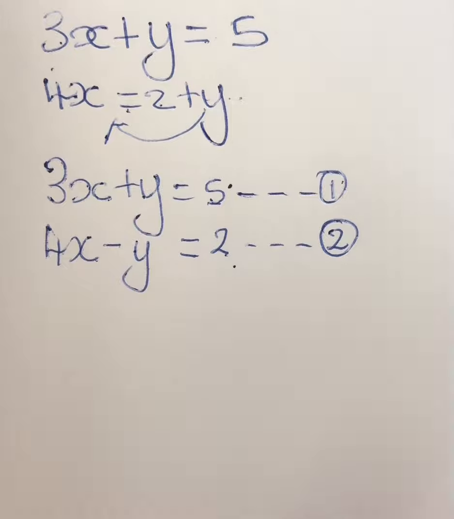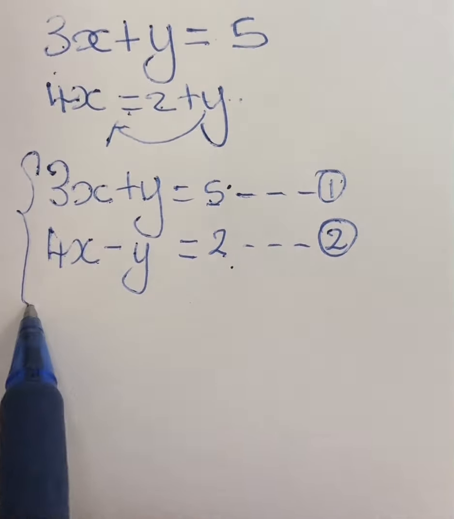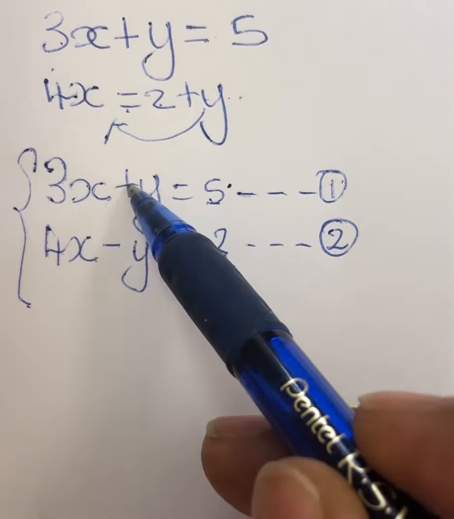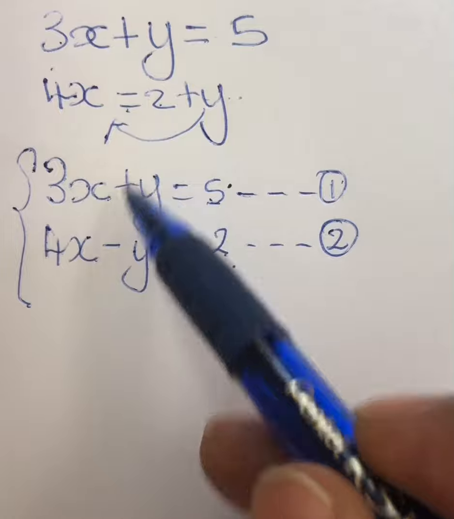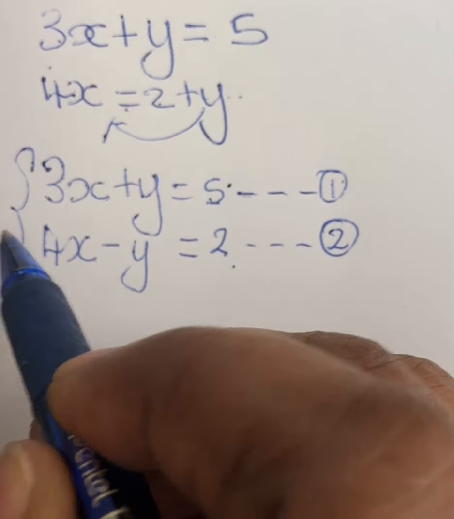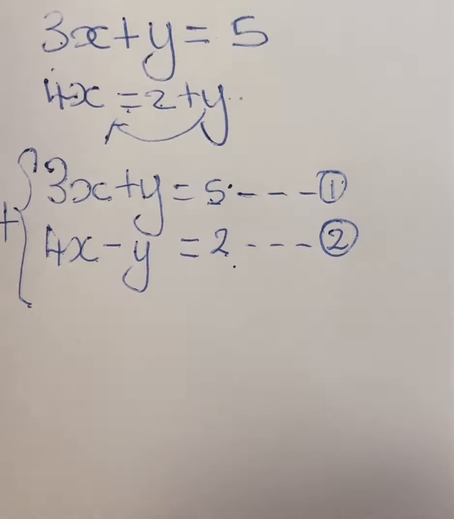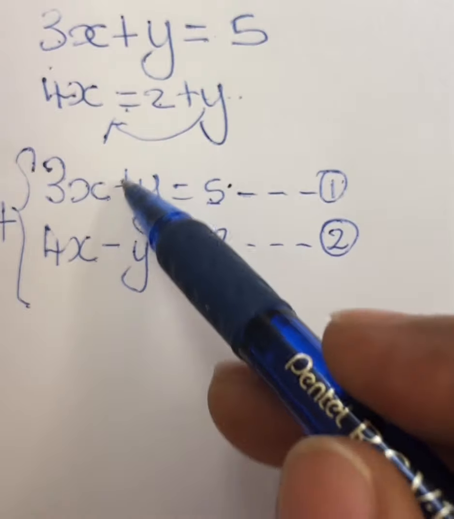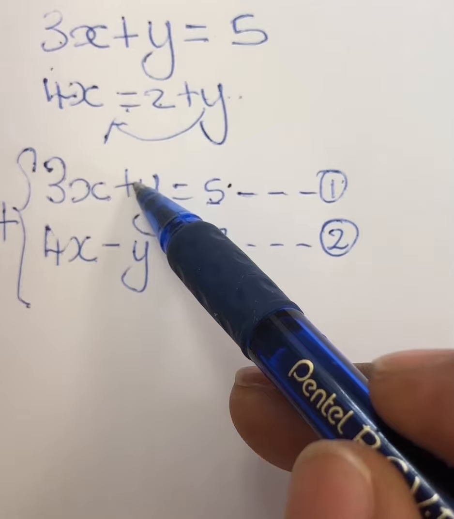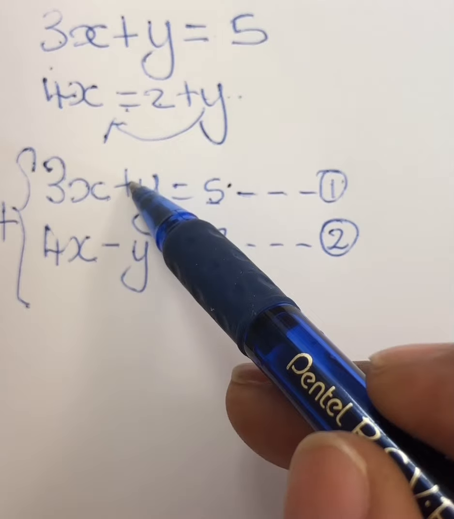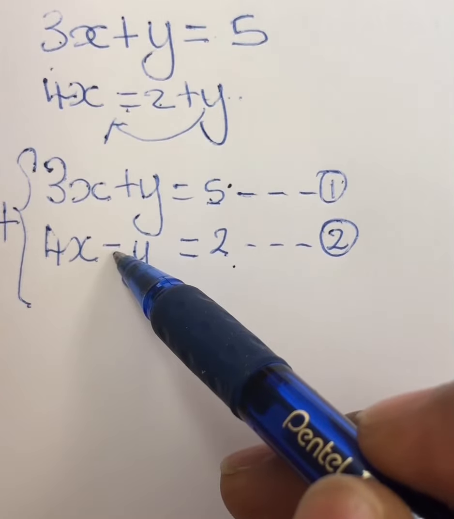So I can eliminate right here, and what I can do is to subtract. In fact, when the signs are different, as in this case, we add, okay? When the signs are the same, then is when we subtract. But in this case, we will add because the signs are different.